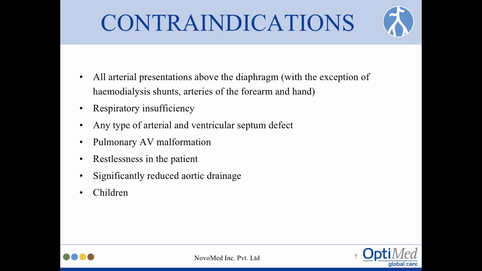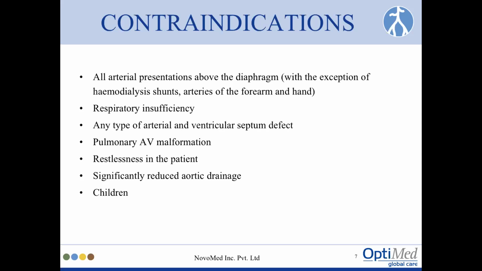I'm a little bit wary about using it for hemodialysis shunts and arteries in the arm, because many of our patients, in addition to being quite weak, also have poor lungs. And so I won't be using it for hemodialysis shunts, but there are papers published where AV fistulas have been visualized using carbon dioxide, and AV fistula plasties have been done as well.